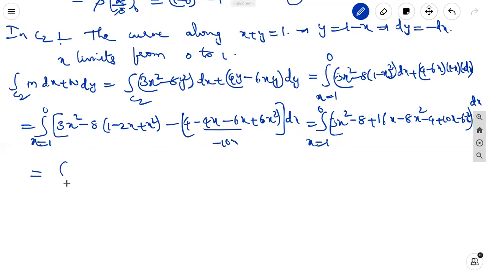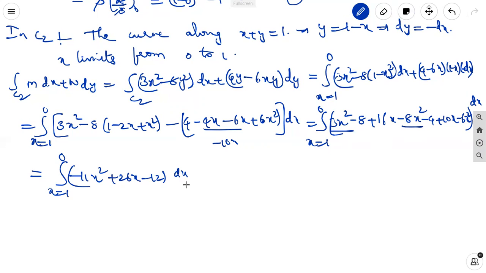It is equal to the integral from 1 to 0 of 6x square minus 8x square, that is minus 5 minus 6, minus 11x square, minus 16, plus 16x plus 10x, plus 26x minus 12, into dx.